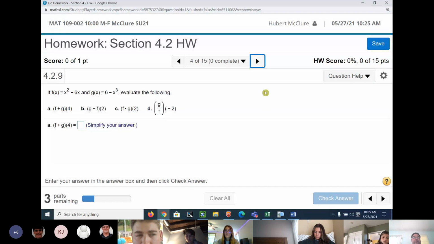Here, okay, this one you plug the numbers in, so let's do this one. I'll write it down while y'all are writing it down. f of x is equal to x squared minus 6x, and g of x is equal to 6 minus x cubed.